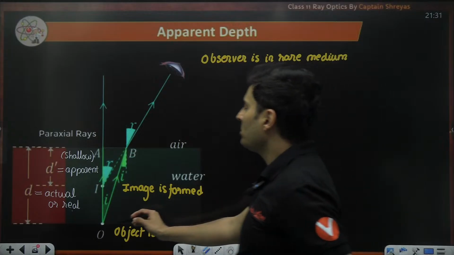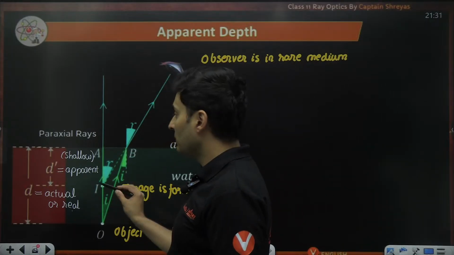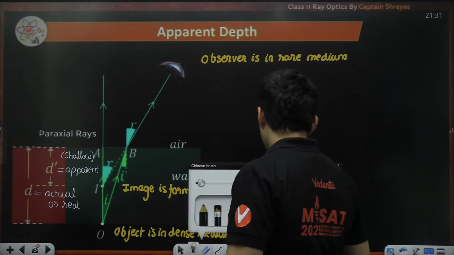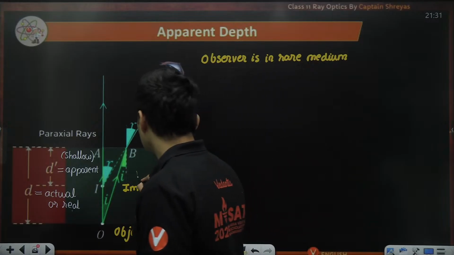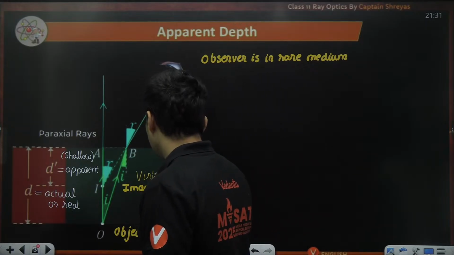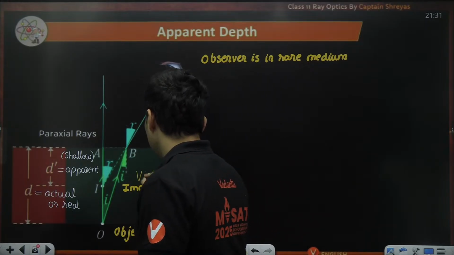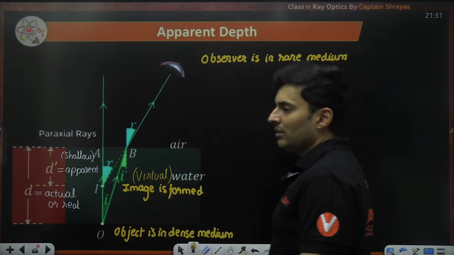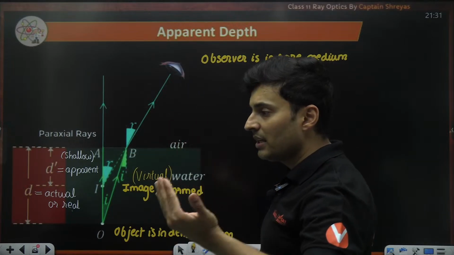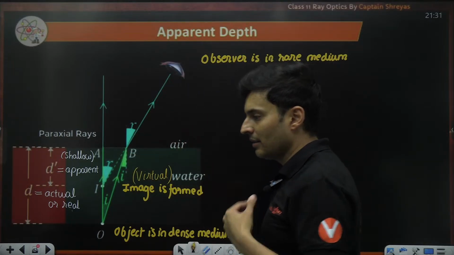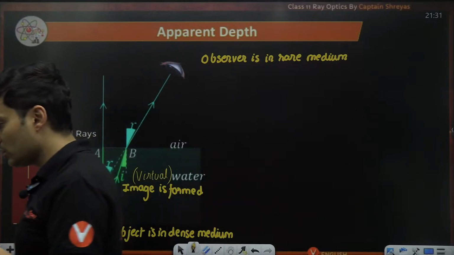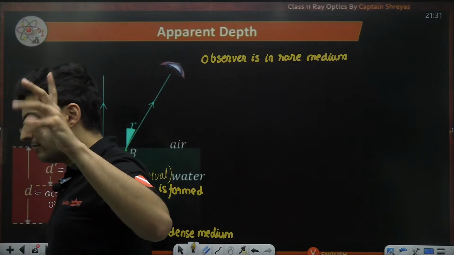Really the object is here, but virtually this is a virtual image. Yes, this is a virtual image which is formed, which is slightly shallower than the real one. The same thing is also true for the reverse scenario.